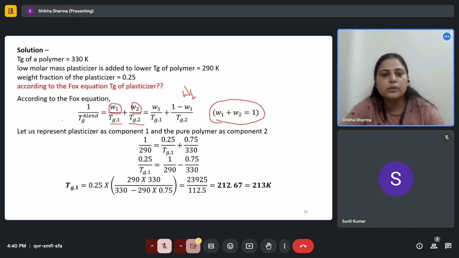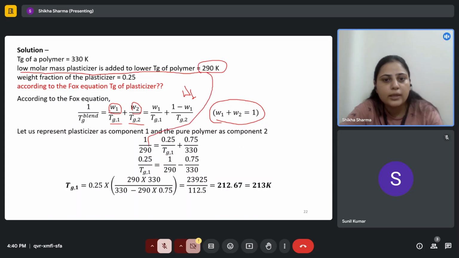So we can put 1 upon 290, which is 1 upon the glass transition temperature of the blend, because the low molar mass plasticizer is added to lower the Tg of the polymer, so the final blend Tg is nothing but 290, right?